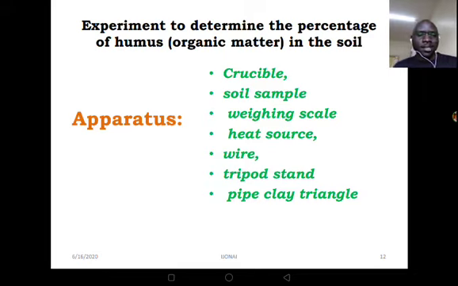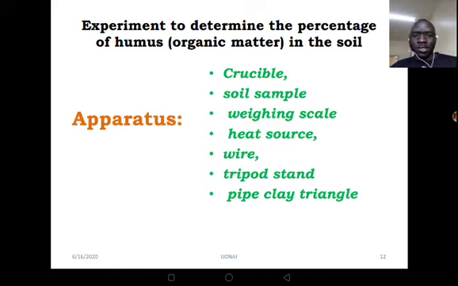So just like any other experiment, we start with the apparatus or requirements. In this case, it would be better for us to call it materials or requirements instead of calling them apparatus, because apparatus simply means only laboratory equipments. But we have other equipments which are not from the lab. So we can call them materials or requirements.